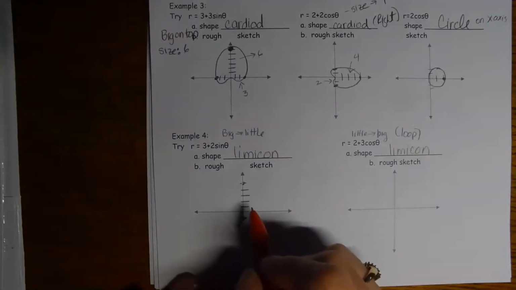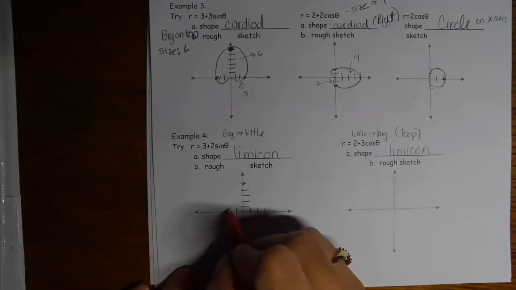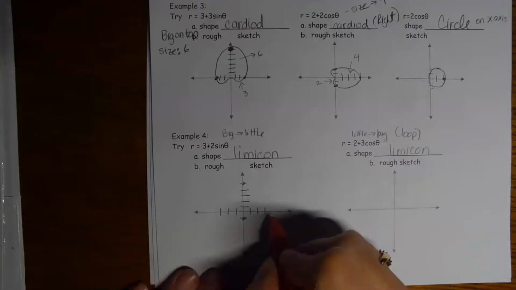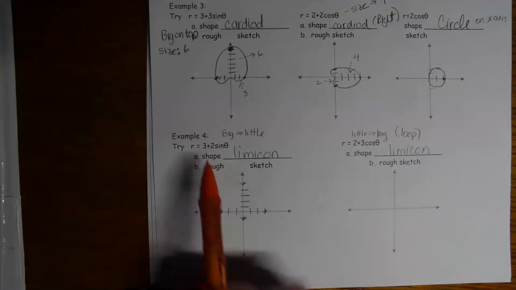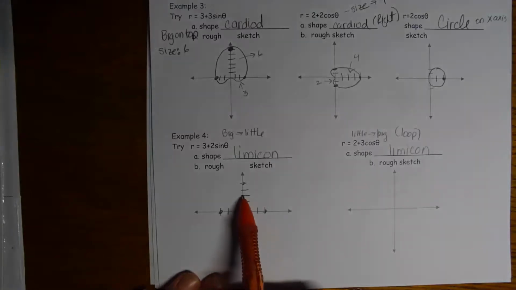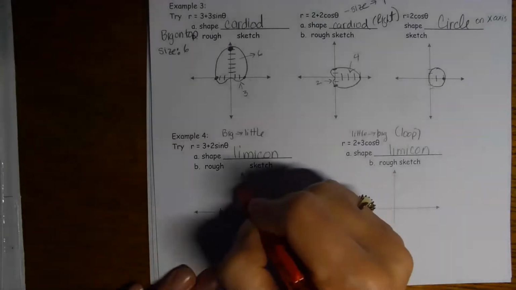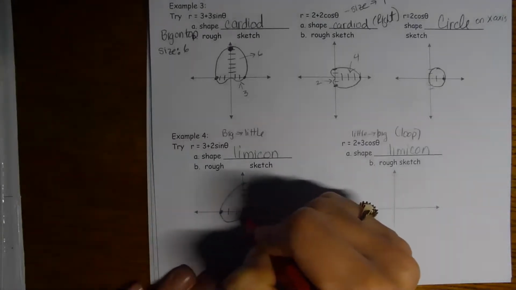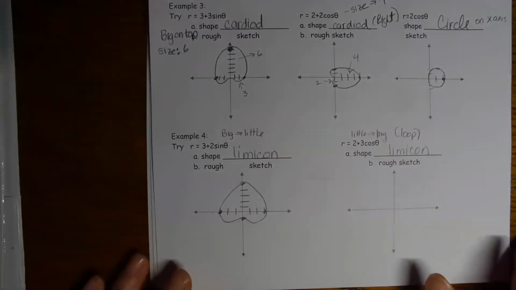Now, how far over am I going to go? 3. We kind of didn't do that on the other sheet, but we've got a 3 here, so there we go. All right. Draw in your little heart. It looks very much like a cardioid. It's just flattened out a little bit right there.